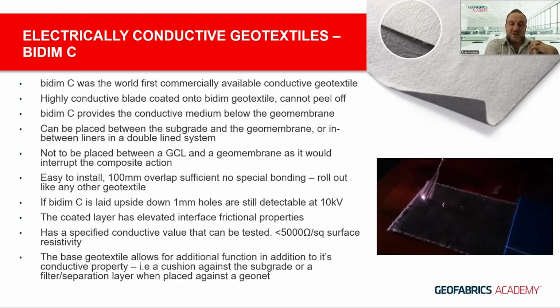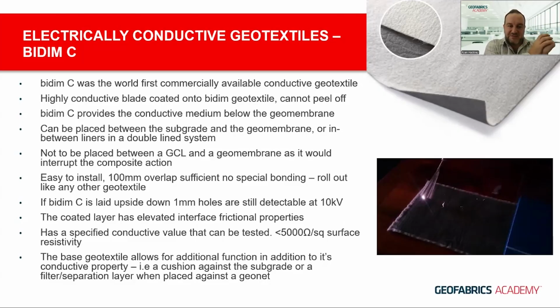I think one thing to note with conductive geotextiles is that they shouldn't be placed between a GCL and a geomembrane, because that interrupts that composite action that GCLs and geomembranes as a composite system have. You're interrupting that behavior, so that wouldn't be recommended.